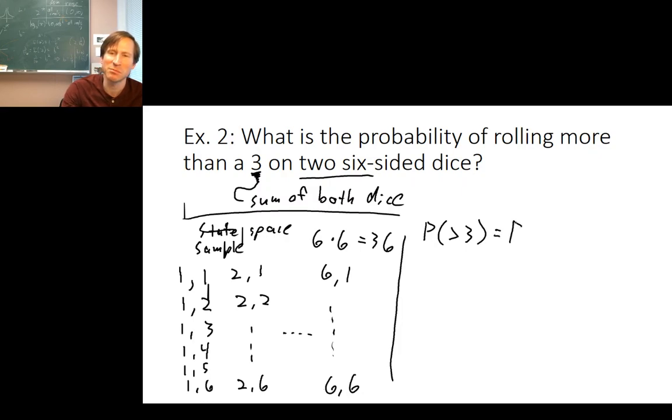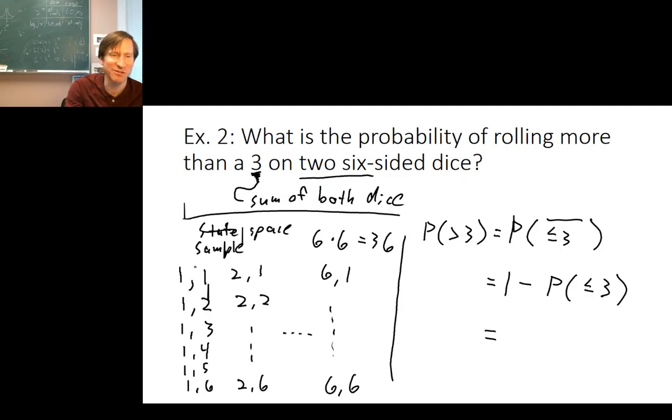So instead of calculating the probability of getting more than 3, let's think about a complement. Getting more than 3 is the complement of getting less than or equal to 3. So we could calculate 1 minus the probability of getting less than or equal to 3. The nice thing is there aren't that many outcomes whose total is less than or equal to 3.